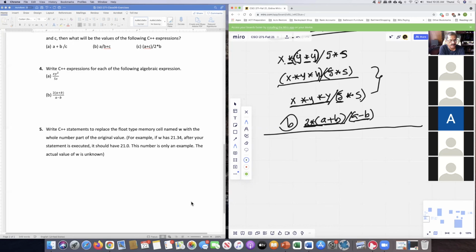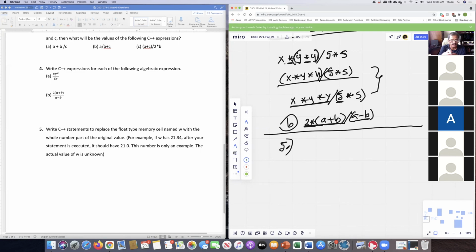The name of the variable is W. So how do I do that? Anyone? Would it be float full value equals 21.34 as the first line? No. Okay, you are making the same mistake I expected.